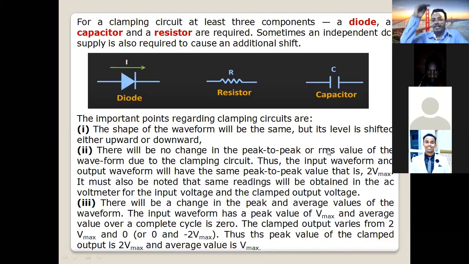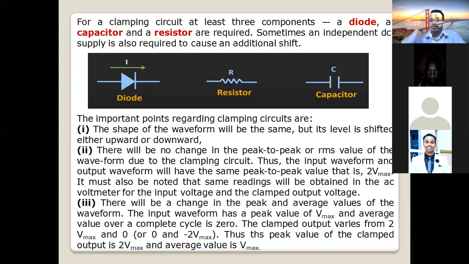When you clamp a signal, the peak-to-peak, the range from maximum to minimum, is not changed. The signal is shifted upward or downward, but the peak-to-peak voltage and the RMS voltage will not be affected by a clamper circuit. That's the second point you have to know.